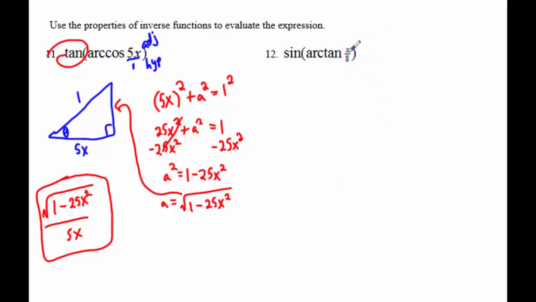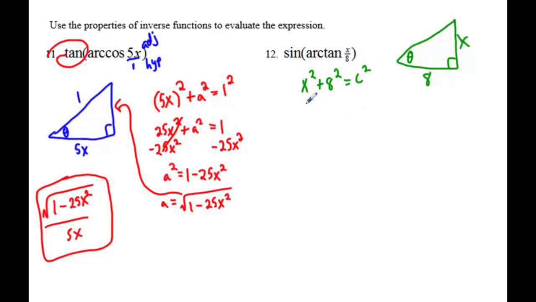So 12 works out really similarly. We're going to set up a right triangle. Tangent is opposite over adjacent, so x and 8 are my opposite and my adjacent sides. Pythagorean theorem to find our third side: x squared plus 8 squared equals c squared.